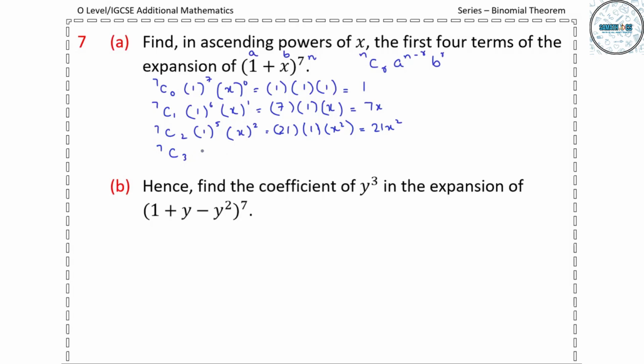7c3, 1 power 4, x power 3 is equal to 7c3 is 35, 1 power 4 is 1. X power 3 is x cube. So the result is 35x cube.